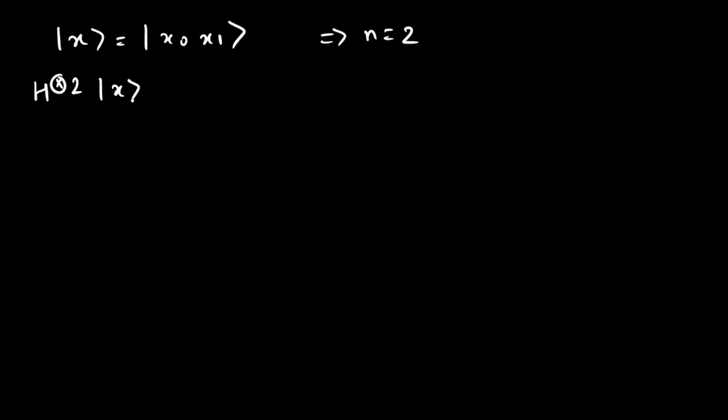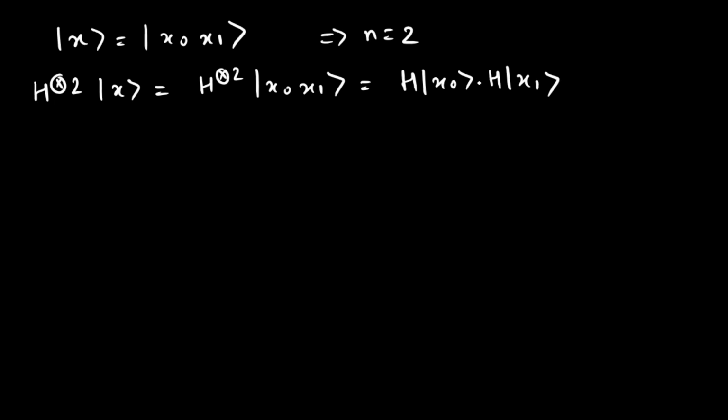So let's take x as a 2-bit string, that is x0 and x1, which implies n is equal to 2. So when H tensor 2 operates on the x state, which is equal to H tensor 2 x0 x1, we have H operating on x0 and H operating on x1, with a tensor product between them.